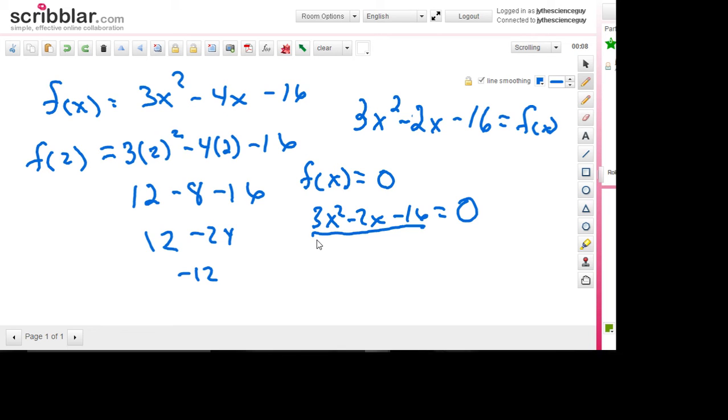So let's plug in. So g of 3 would be equal to what then? 3 times 3 cubed plus 2 times 3 squared minus 5 times 3 minus 1 minus 5 times 33.